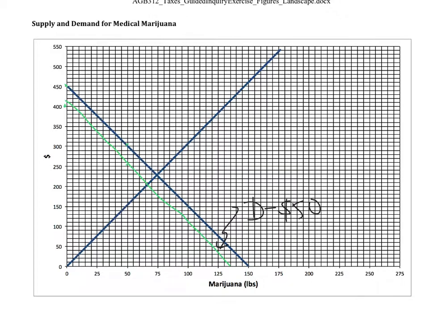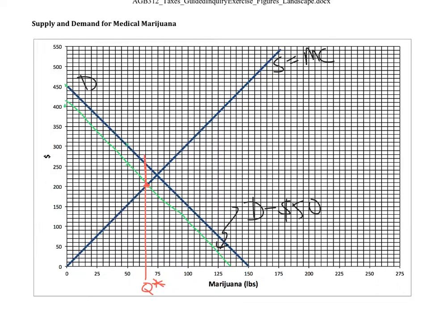Well, actually, what we're going to do is we're going to say, okay, we know more or less that the quantity that clears the market, the quantity at which supply will equal demand, is going to be at the point where that adjusted demand curve intersects the supply curve, or that marginal cost curve, right?